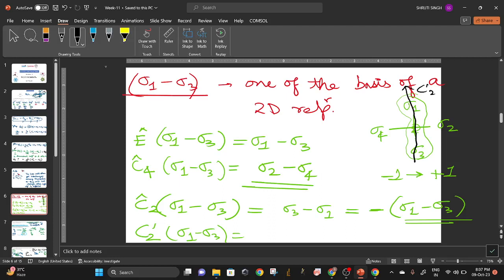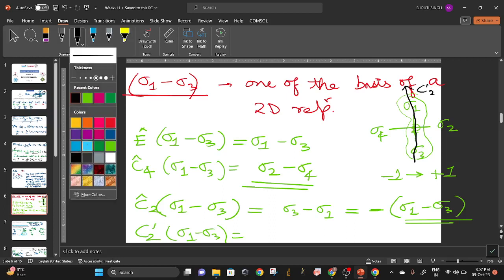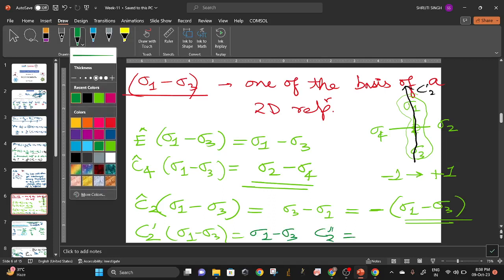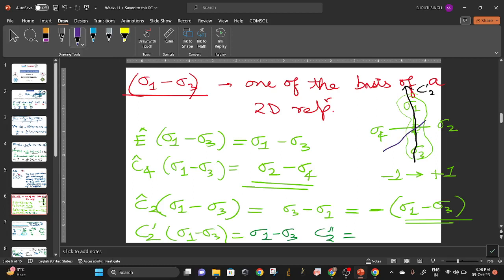So what will happen? Nothing will get changed. Sigma 1 minus sigma 3 stays sigma 1 minus sigma 3. But when you apply C2 double dash, C2 double dash is like this, in between the bonds. So what will happen?